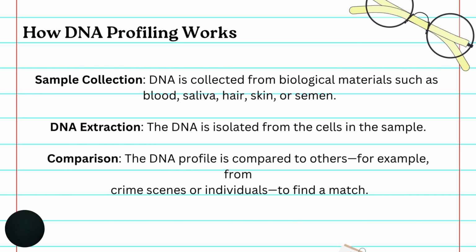Then they will process the sample and compare it, either with a standardized sample or between relatives. They'll compare and see if they find any match, and that's how it works.